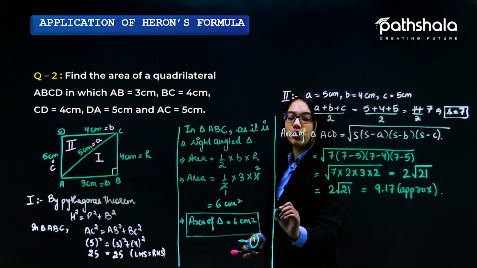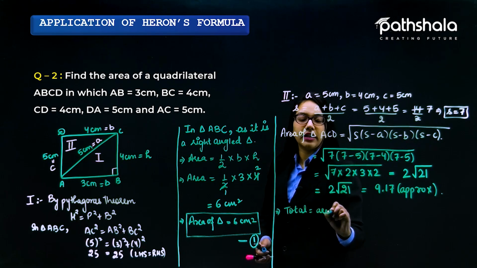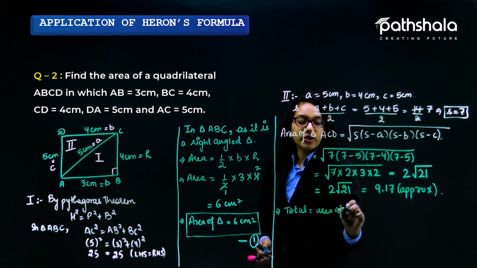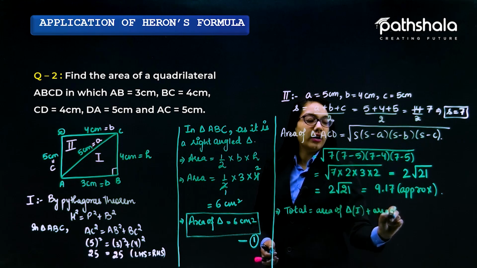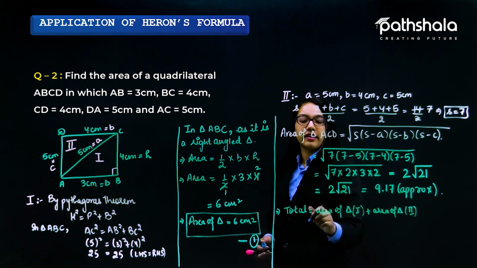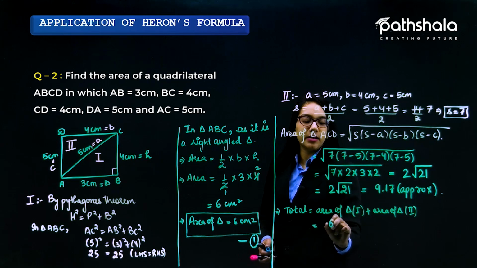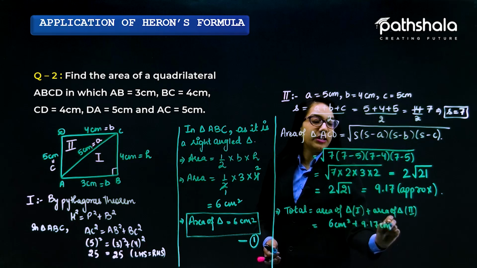Now let's talk about the total area. This would be the area of the first triangle plus the area of the second triangle. The area of the first triangle is 6 centimeter square, and the second one is 9.17 centimeter square.